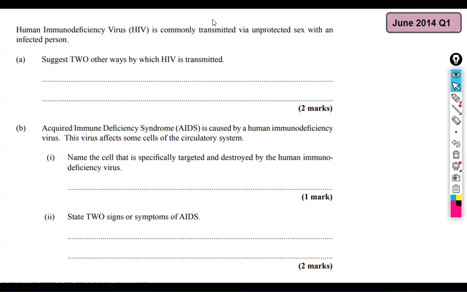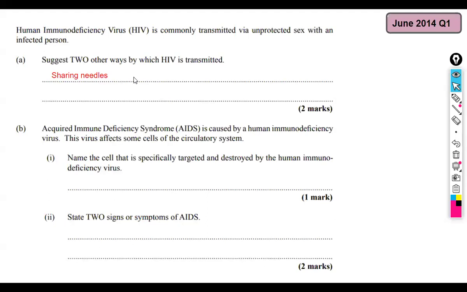And of course, if that person has HIV and gives the needle to another drug addict, and they insert the same needle in their arms, the HIV virus can spread via blood, right? So sharing of needles, definitely one of them. I know some of you might state it differently. You might say blood or blood transfusions or whatnot, but sharing needles will work, okay?